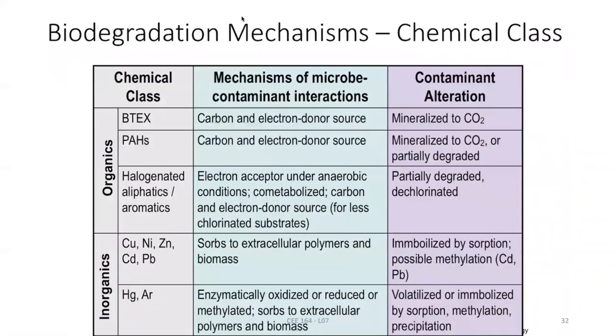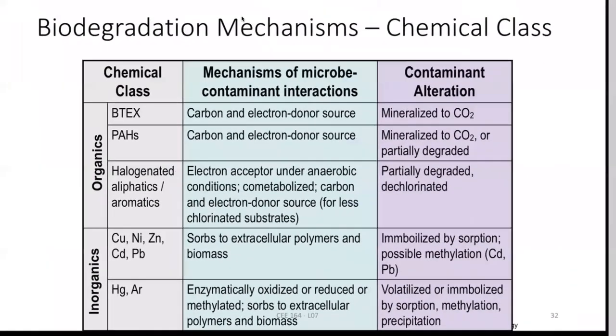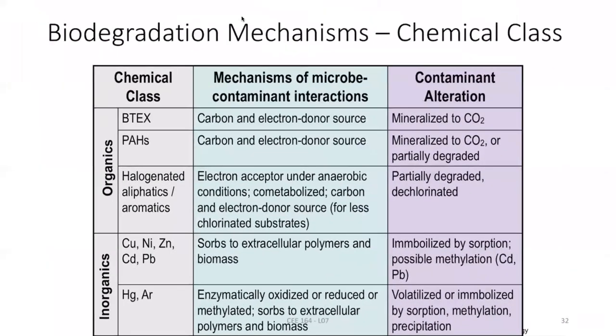And one last thing you have to remember from last class is there are different types of pollutants. Some pollutants can be oxidized, some pollutants can be reduced. The chlorinated ones, chlorine, fluorine, bromine, these are the pollutants that can be reduced.